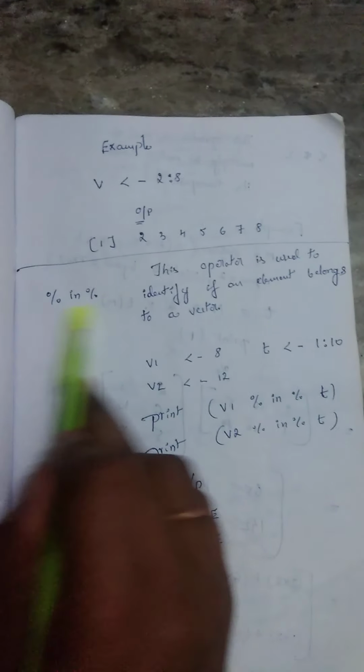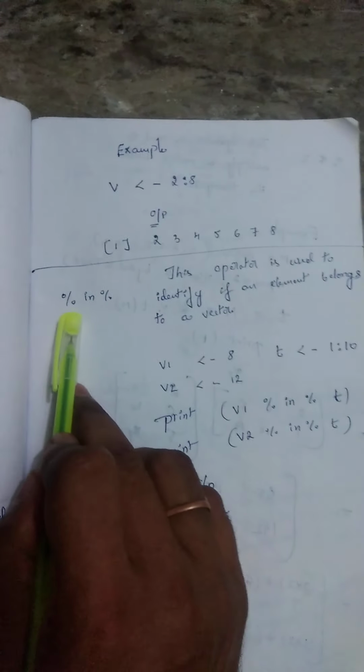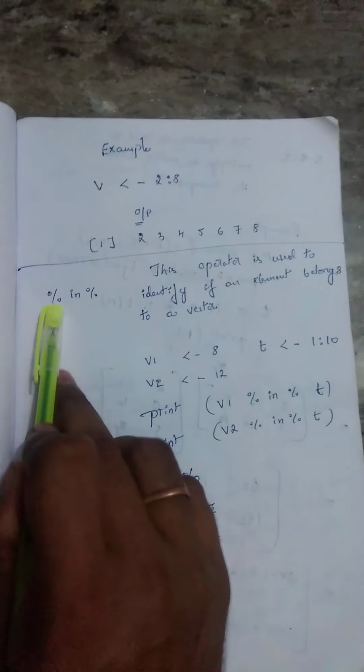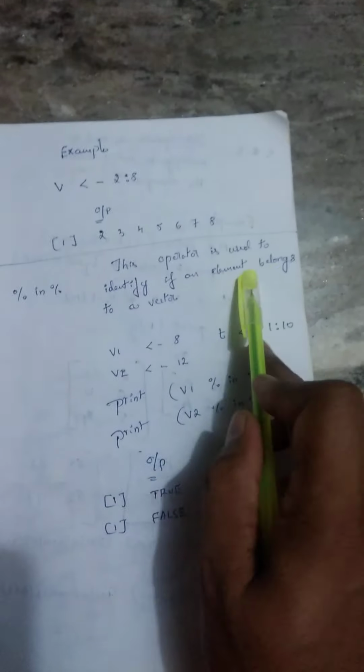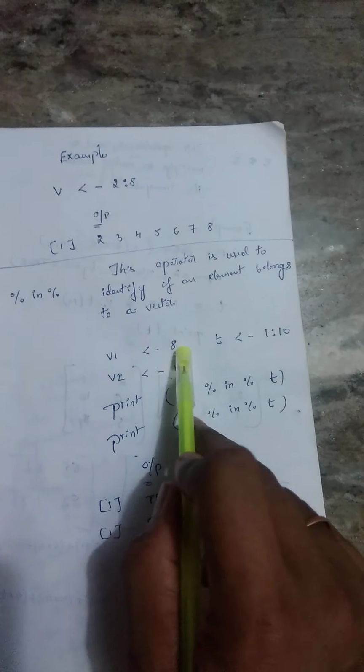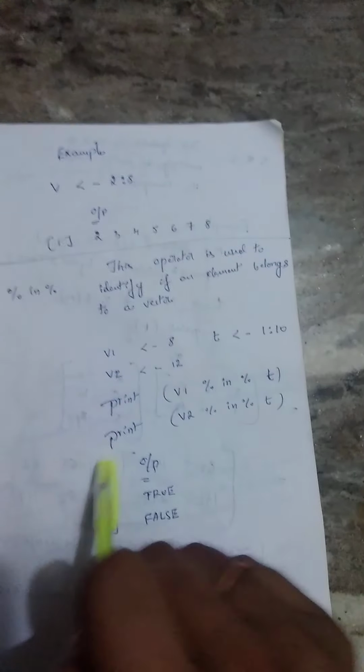The next miscellaneous operator is %in%. This operator is used to identify whether an element belongs to a particular vector or not.